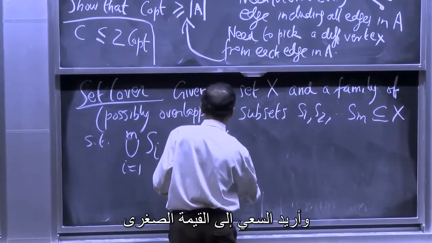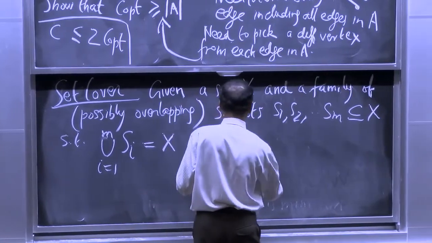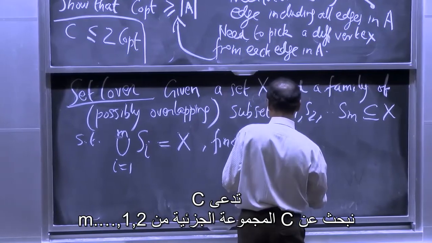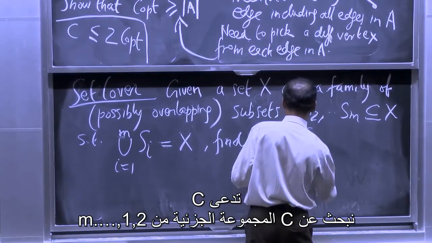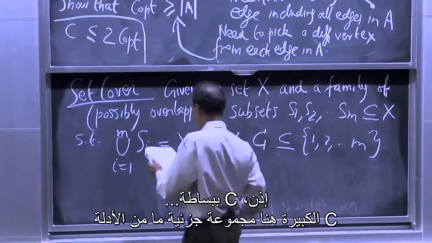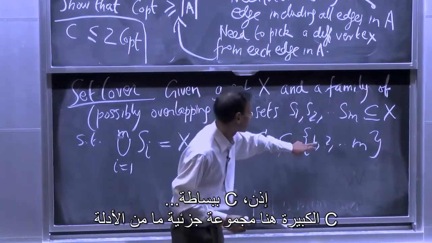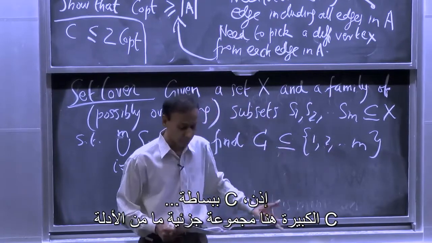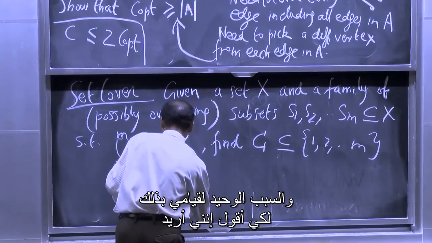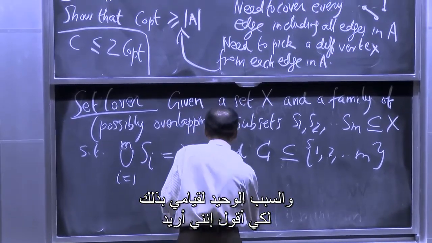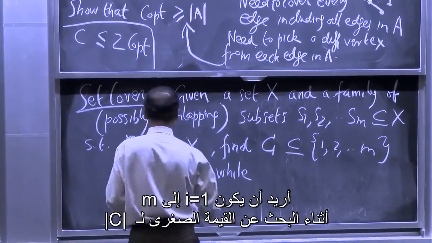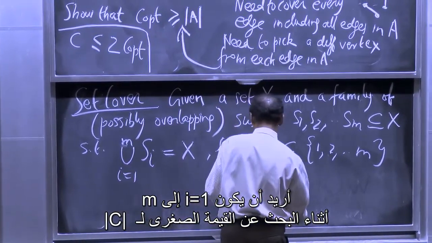And I do want to minimize, it's called the C, find C subset 1 to M. So I'm selecting a bunch of these things. So C is simply, capital C here is some subset of the indices. And the only reason I do that is to say that I want to do this while minimizing C.